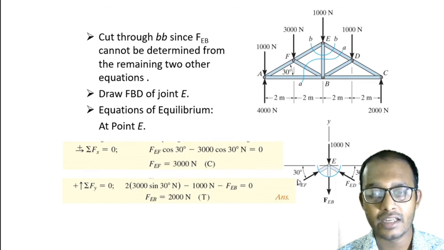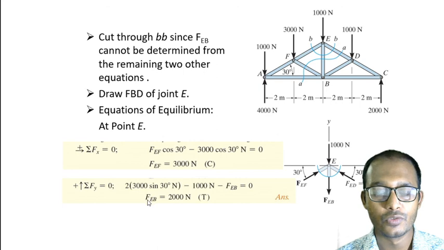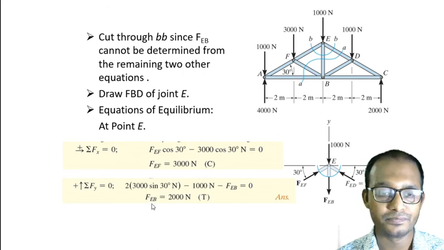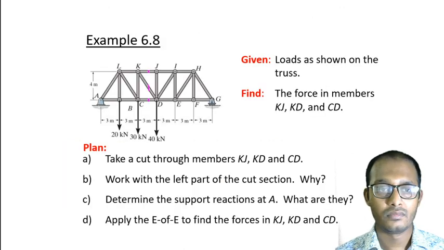We assumed that here it was in compression, so it was in compression. And again, if you resolve the forces in the y direction, we will get that FEB is equal to 2000 kilonewton.